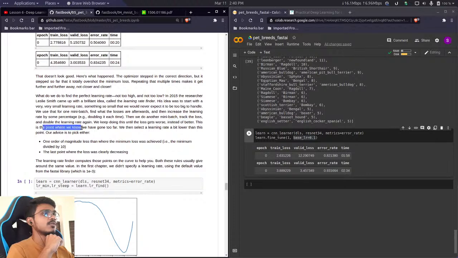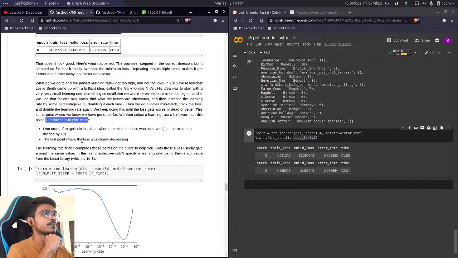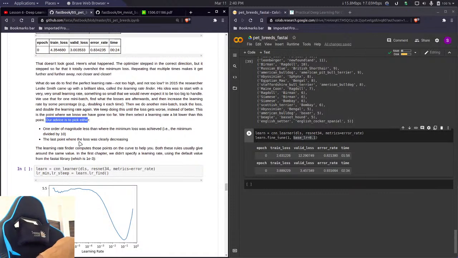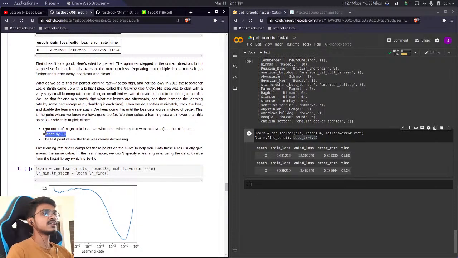This is the point where we know we have gone too far. We then select a learning rate a bit lower than this point. Our advice is to pick either one order of magnitude less than where the minimum loss was achieved, that is the minimum divided by 10, or the last point where the loss was clearly decreasing.